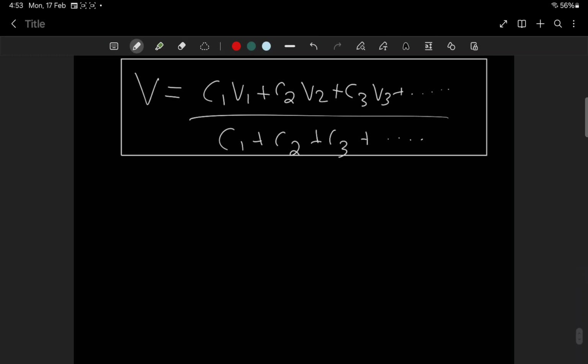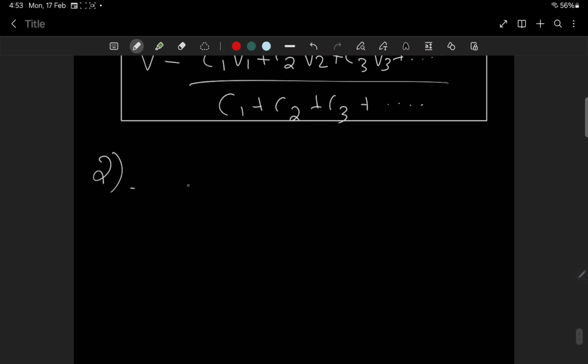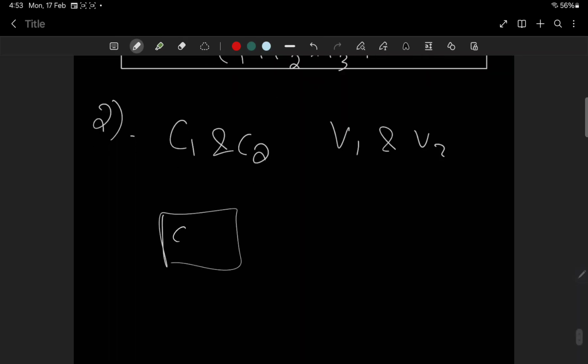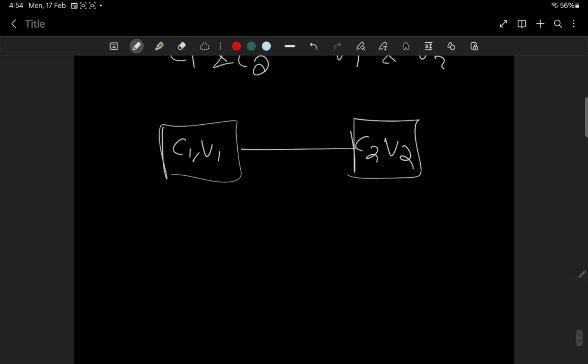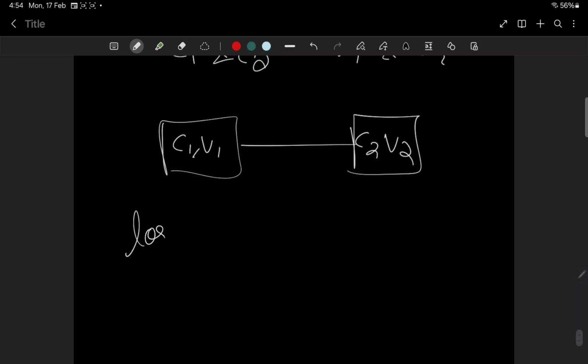Now, second one. I am taking conductors of capacitance C1 and C2 and potential V1 and V2, that is C1 V1, and I am connecting it to C2 V2 respectively, and a loss of energy takes place here.